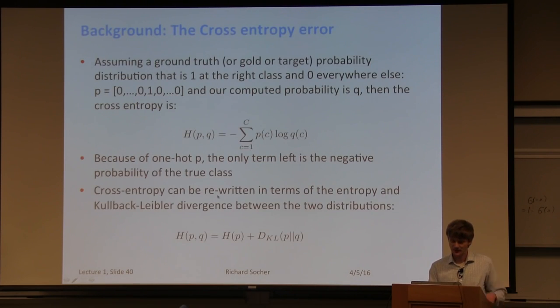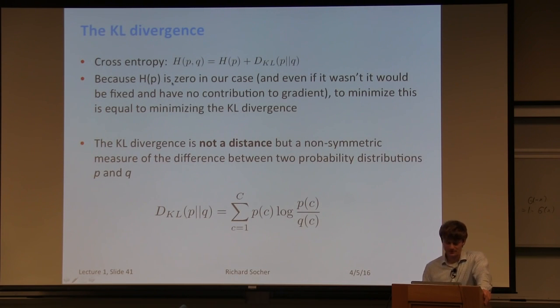Essentially, the entropy of P is again 0 in our case, because it's either 0 or 1, and it's a negative sum over the probability of each class times the log of that probability. So either the probability is 0, or the log is 0.